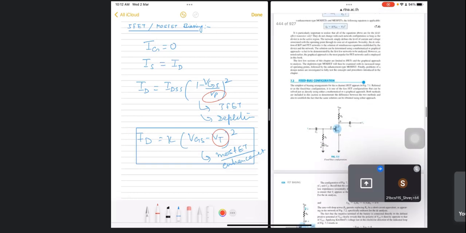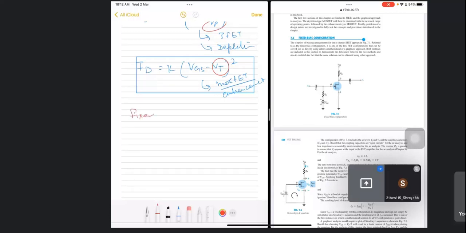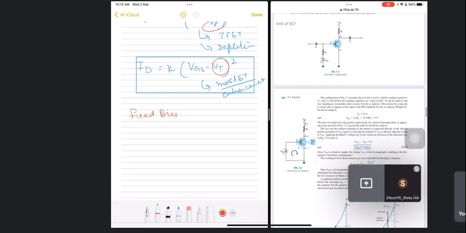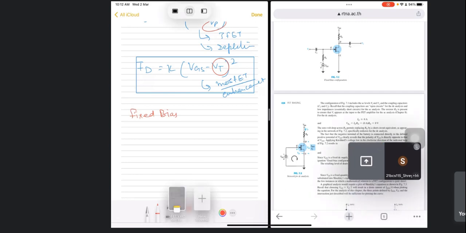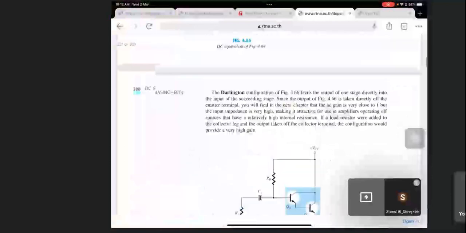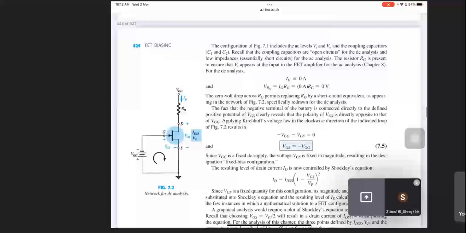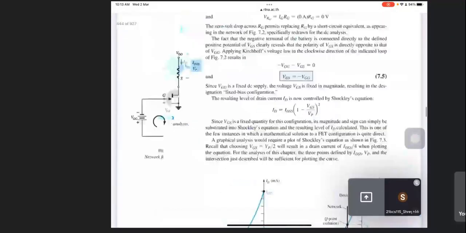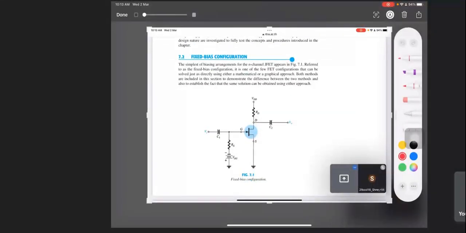Now, if we talk about the fixed bias configuration, this is the fixed bias configuration.